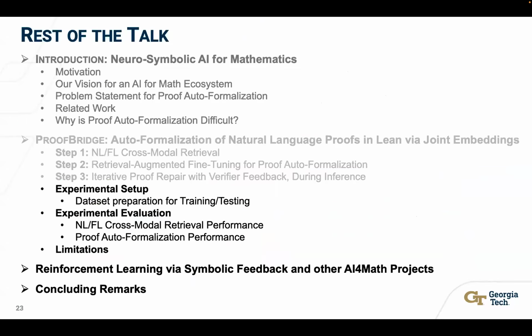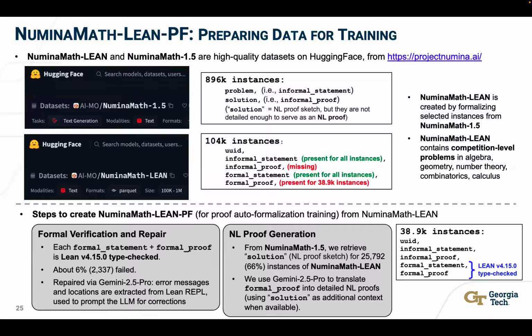So now I'm going to give you a quick overview of the experimental setup and how we evaluated this model. In order to do this, we had to do quite a bit of work to create a meaningful data set. The problems were manifold. One issue was that there's no good data set for Lean 4.